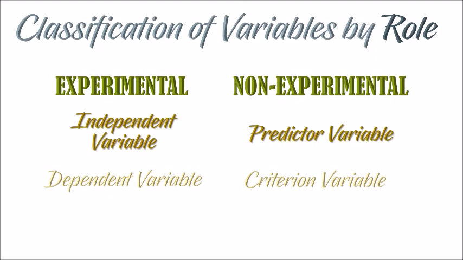One of the main differences between independent-dependent and criterion-predictor variables is the concept of causation. You can manipulate the independent variables in experimental research and imply that manipulation causes some kind of change in the dependent variable.